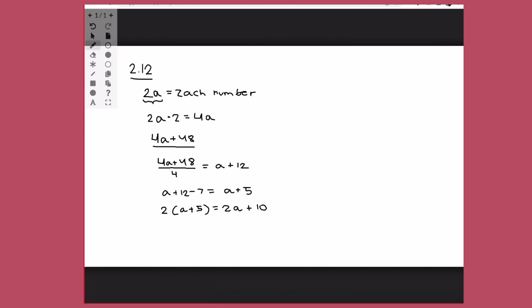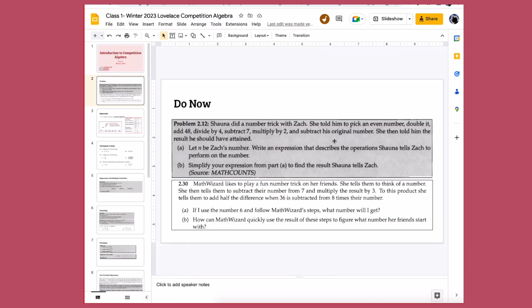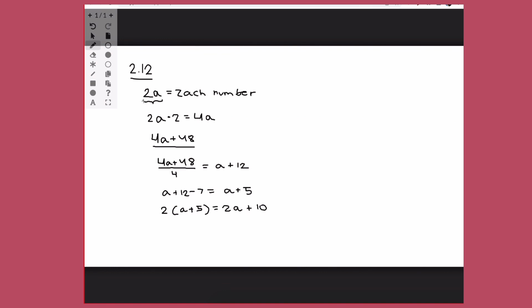And lastly, it says we subtract his original number. Our original number was 2a, and our end result is 2a plus 10. So we want 2a plus 10 minus 2a, but that's just equal to 10. So that means he will always attain the number 10.